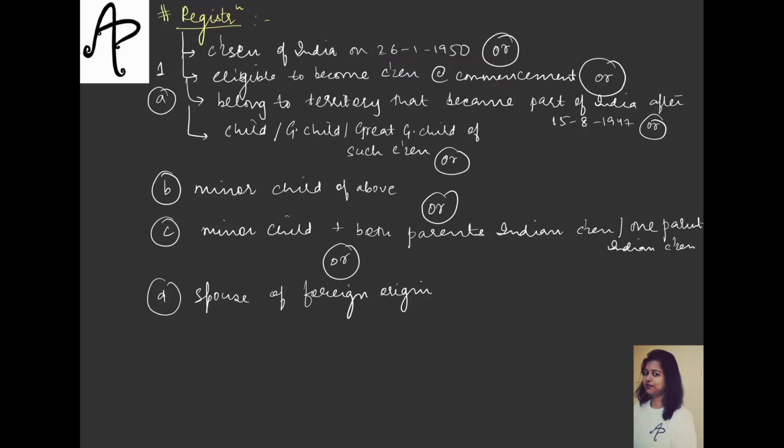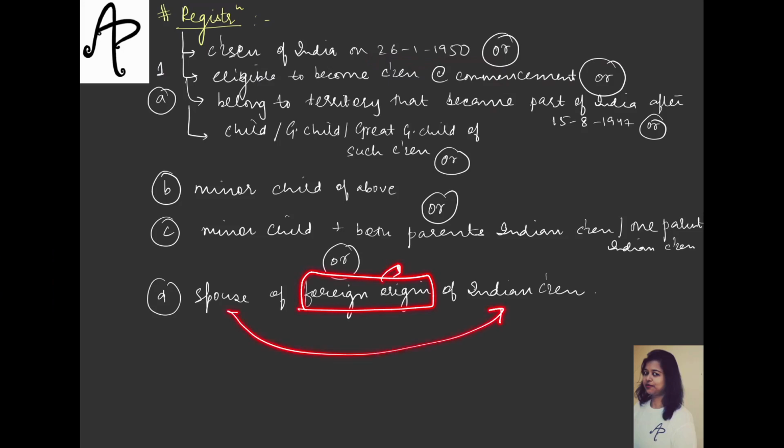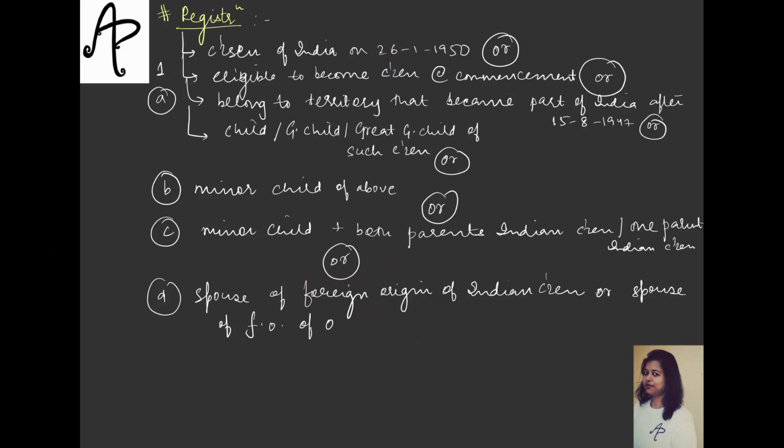So spouse of foreign origin: if you are a spouse of an Indian citizen, meaning you are of foreign origin but you are the spouse of an Indian citizen, in that case, or if you are a spouse of foreign origin of an OCI also. So you belong to any foreign country, but you are the spouse of an Indian citizen, or the spouse of an already OCI card holder, in that case also.